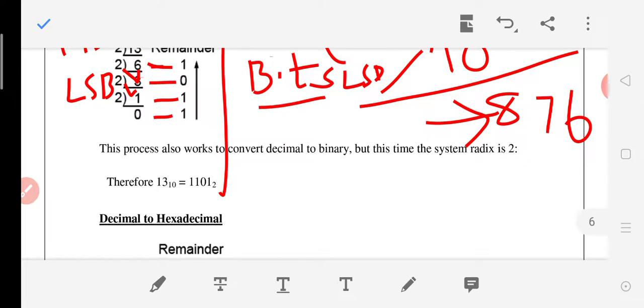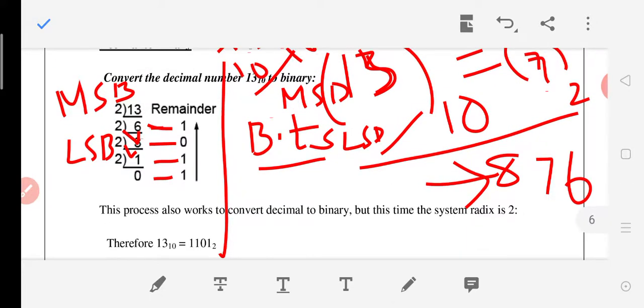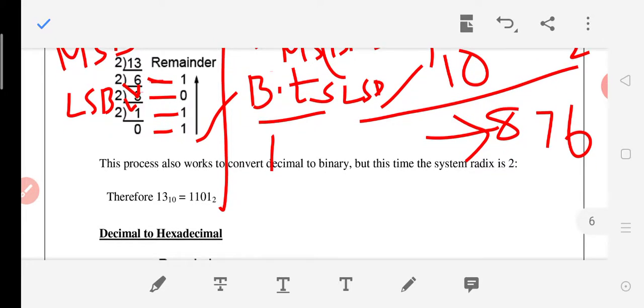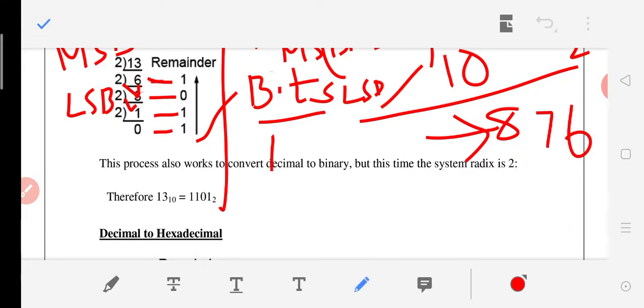Observe the arrow mark shown here. Therefore the binary equivalent of 13 is 1101, not 1011. Keep it in mind.